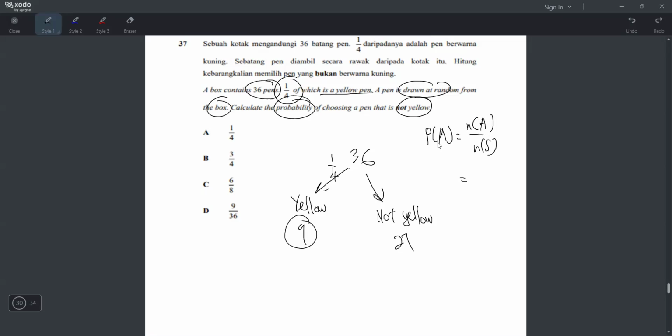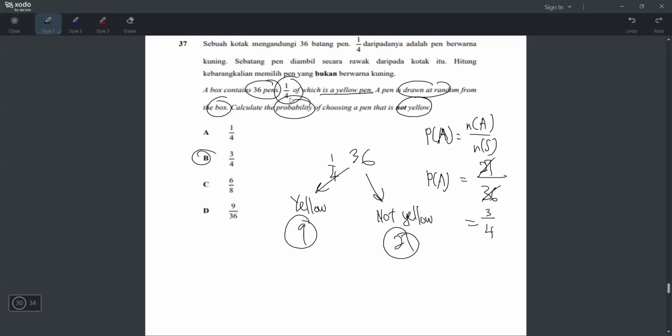And in this case, A represents pens that are not yellow. So the probability of not yellow is the number that are not yellow divided by the total. So the number of pens that are not yellow is 27, divided by the total of 36. So this is the answer. But this can be simplified. Can divide by 9. So 27 divided by 9 is 3, 36 divided by 9 is 4. So the answer is B.